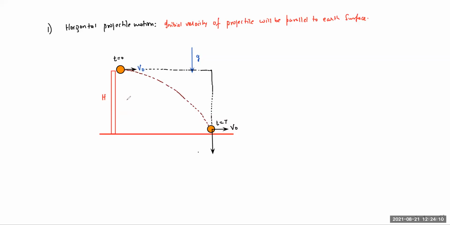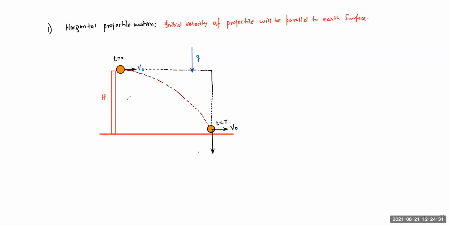But where you land at the bottom, of course, depends on V naught. In fact, the answer for the time of flight in this case is similar to the question we have solved already. What happens if you just drop the object? How much time does it take to go down? If you remember, under root 2h by g.